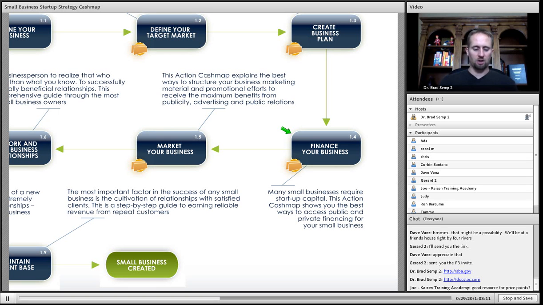And there's a whole bunch of different ways to obtain funding. But the first question that really has to be asked on financing your business is, do you need funding? Because anytime you go out and get funds from a third party to fund your endeavors, you are in effect going to give up a percentage of your business.